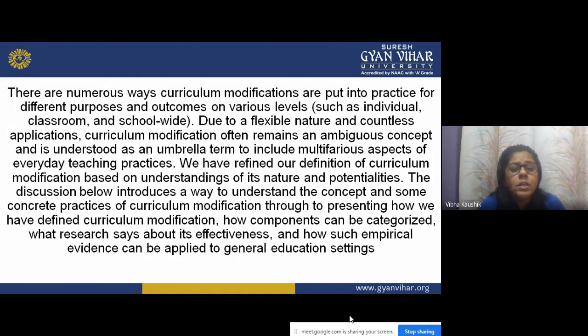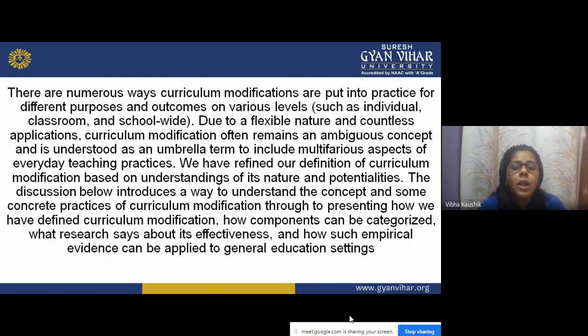The discussion below introduces a way to understand the concept and some concrete practices of curriculum modification. That discussion helps us to understand a basic concept related to curriculum modification and some practices which can be used for modifying the curriculum.